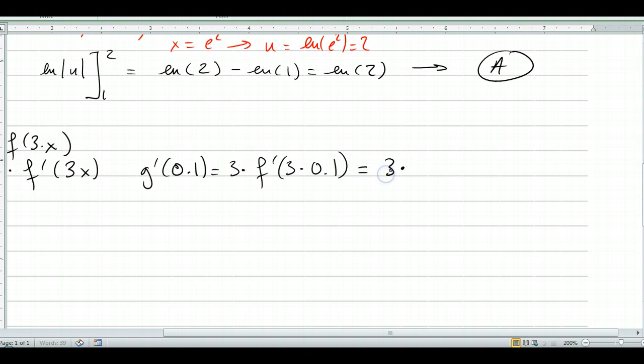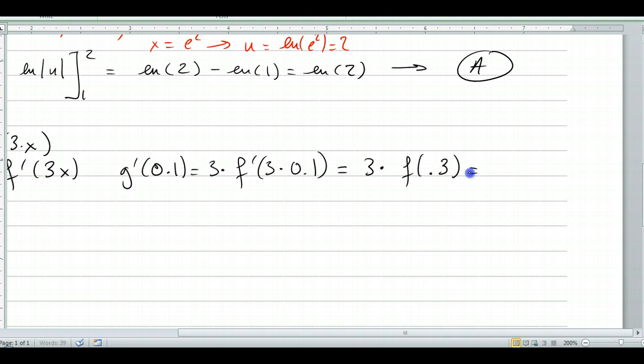Which is 3 times f prime at 0.3. So it is 3 times 1.096. So it's going to be between D and E, right? 3 times 1 is above 3.